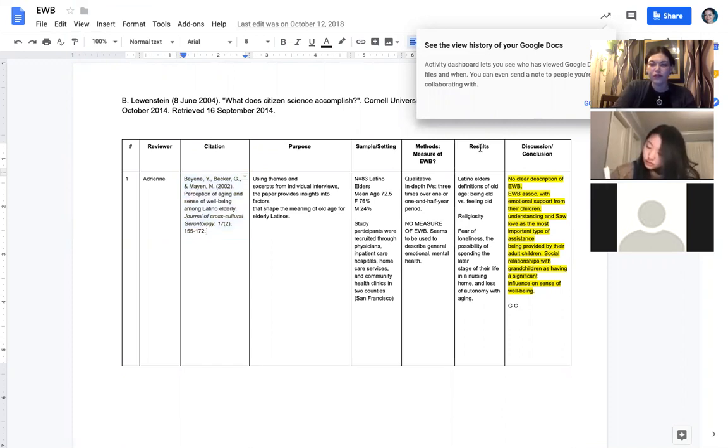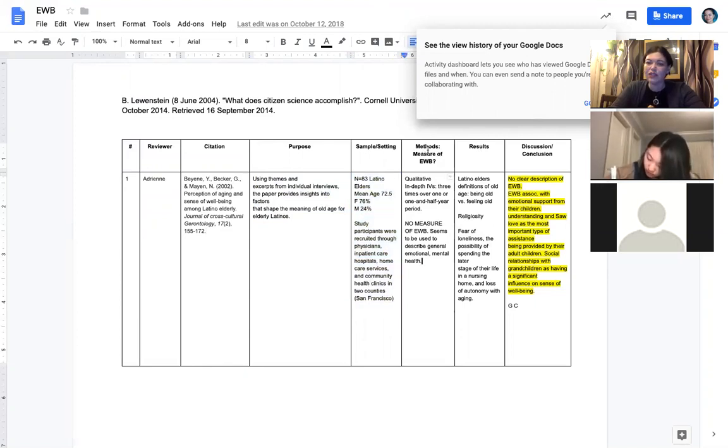And we'll go through a table of evidence. There's a whole separate training for that, just so that you feel really comfortable. This is super helpful as a tool to use later on in any of your classes where you need to organize data. You're going to read the article and talk about what the purpose of this article was, who was involved, and what the sample and setting were.